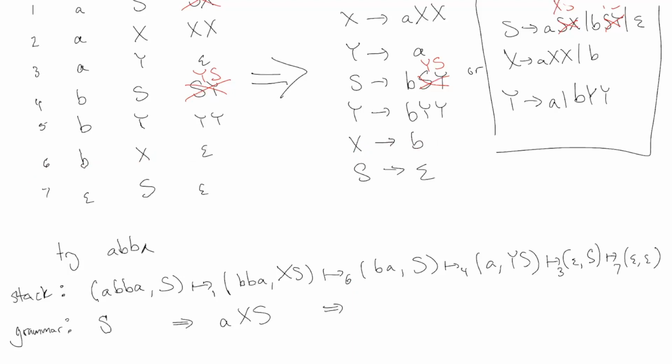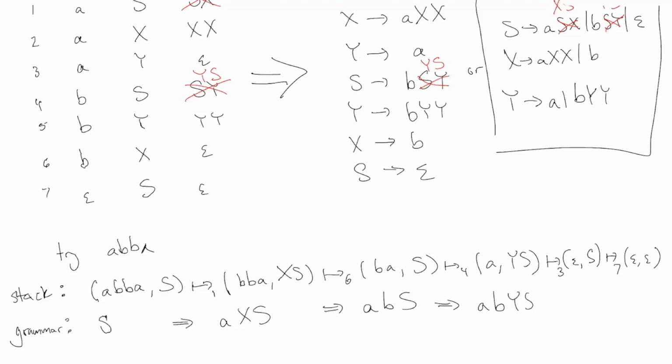All right, X goes to B. It now says ABS, right? Next, on the stack, I did 4, which is BSYS. So I'm going to do S goes to BYS, okay? S goes to BYS makes it ABYS, all right? I'm doing the same steps in the same order.